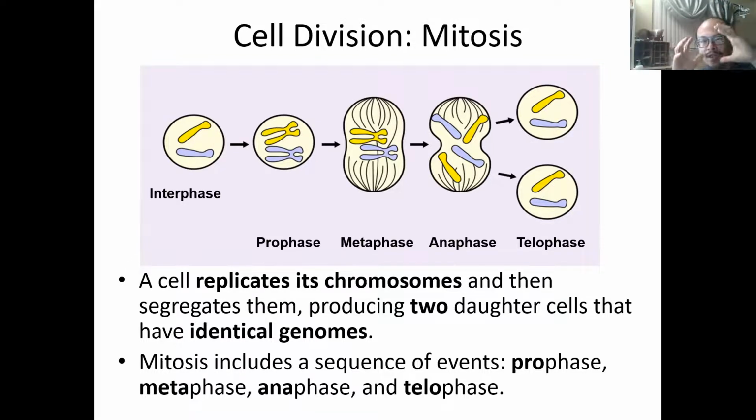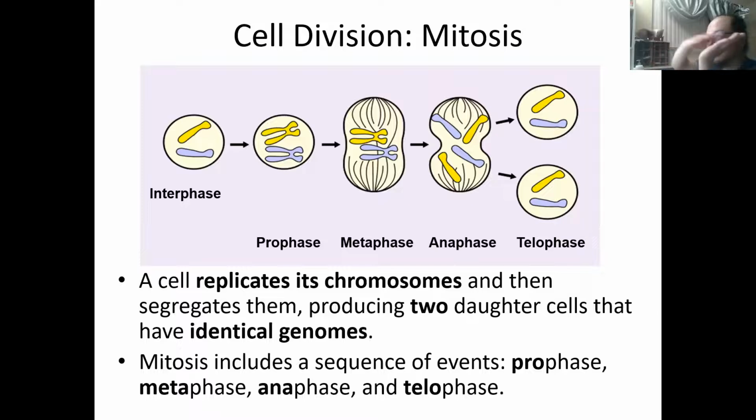You have one cell, you produce two identical cells. Okay, so then how do we do it? First, during the S phase, each chromosome replicates and connects at the centromere. Then you will pull these sister chromatids away. You got a copy, right?